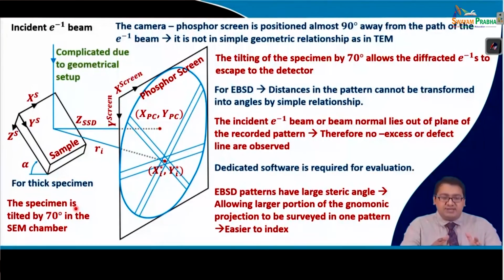The EBSD pattern that is obtained in SEM has a much larger steric angle, nearly 5 times larger than what is obtained in case of convergent beam electron diffraction in a TEM. So, what happens is that it allows a large portion of the gnomonic projection to be surveyed in one pattern, and therefore, it becomes easier for indexing.